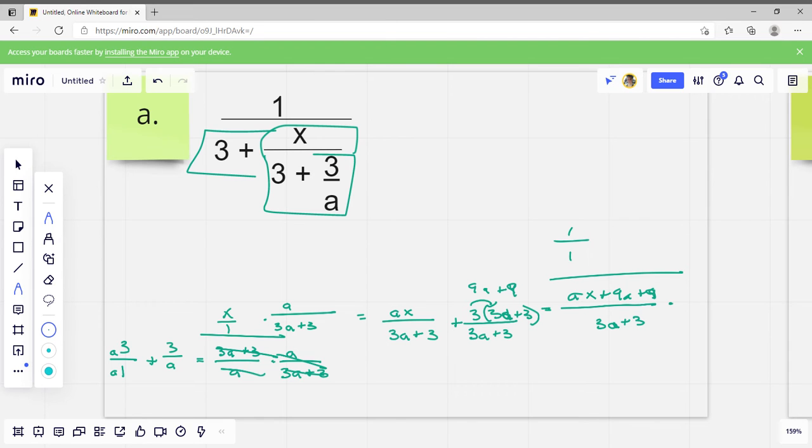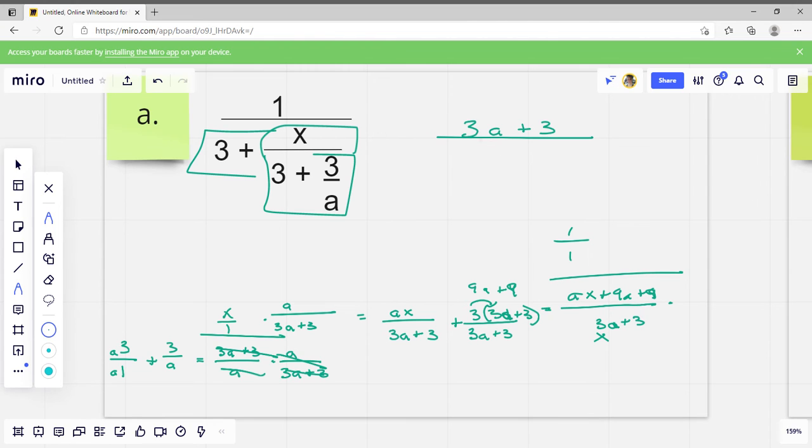Okay, so that means we're just going to flip the whole thing. So our answer would be 3A plus 3. So I've just flipped it, right? So there's my bottom.